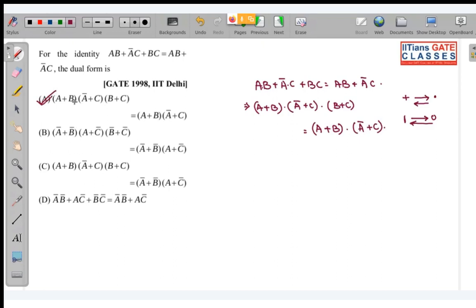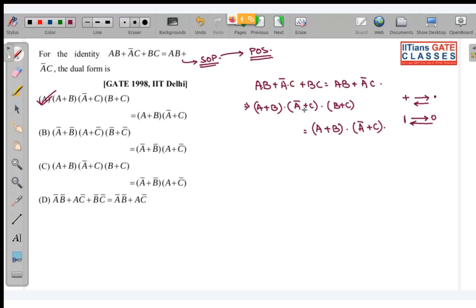Any doubt? Just a confirmation, sir: do we also need to simplify the expression if it's needed? If they are asking dual, this is in SOP form. So dual of SOP will be POS. You don't need to solve it once again, because if they are asking in SOP format, obviously the dual will come in POS form.